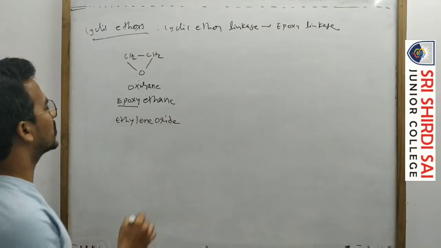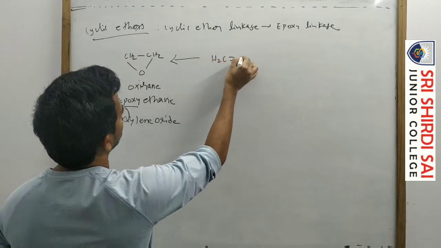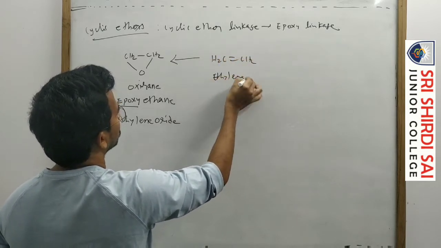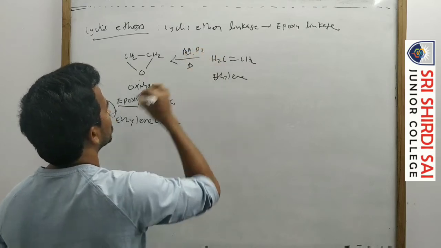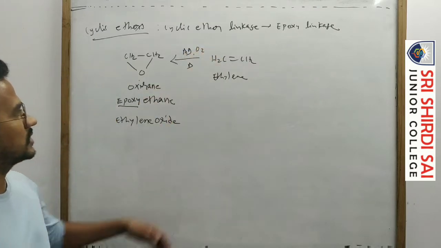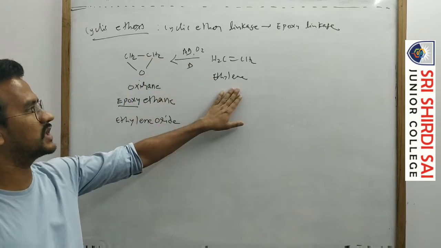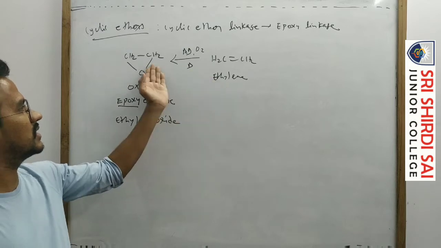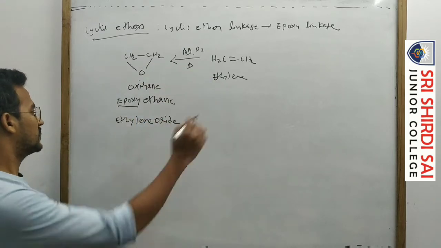Why is it called ethylene oxide? Because it is formed from ethylene by oxidation in the presence of silver. It is formed from ethylene, so it is named ethylene oxide. The difference between ethylene and ethylene oxide is one oxygen.